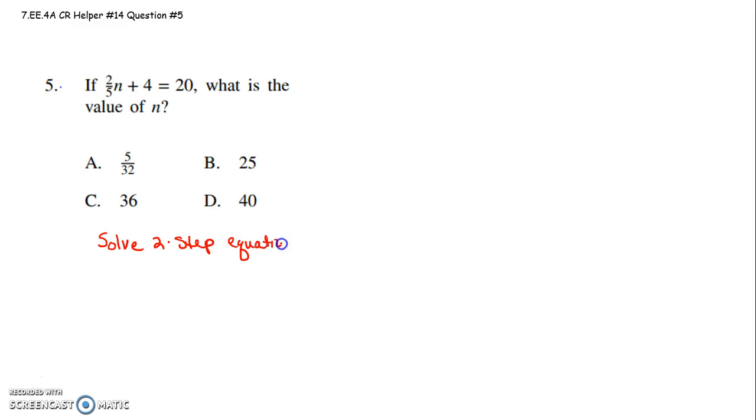The first thing we want to do when we're going to solve a two-step equation is move all constants, those numbers without the x's attached, to, in this case, the right side of the equal sign. It's always to one side of the equal sign, but move all constants to the right side of the equal sign.